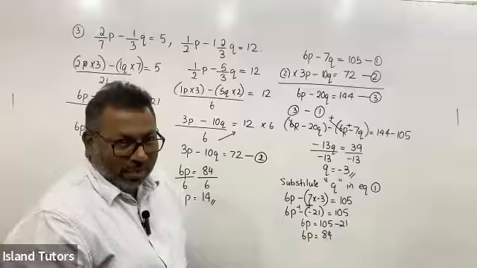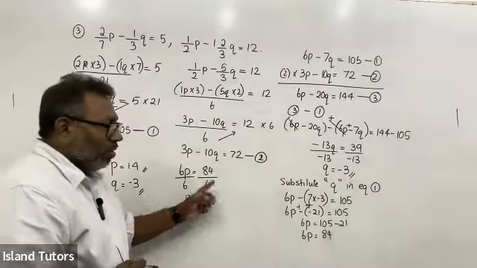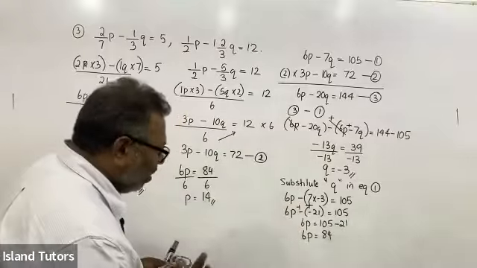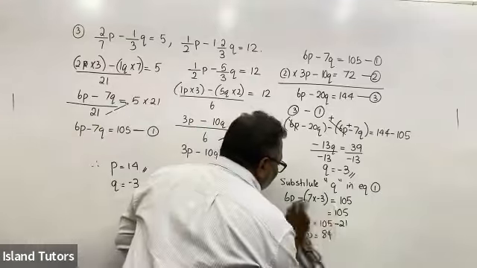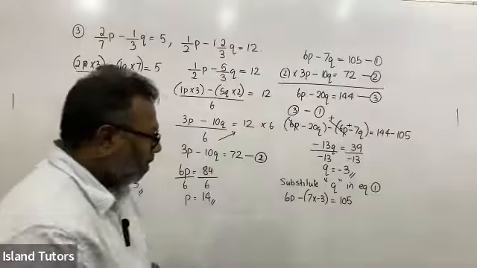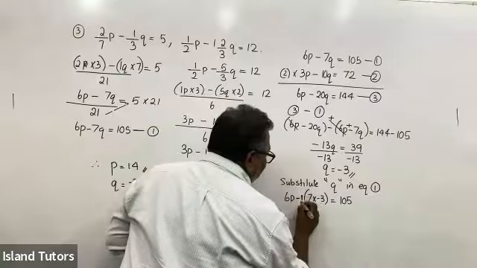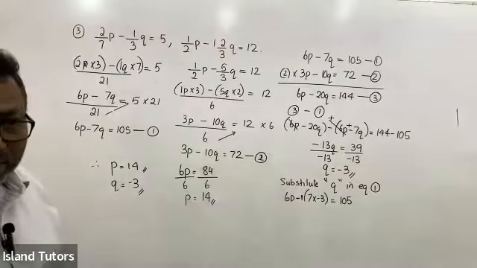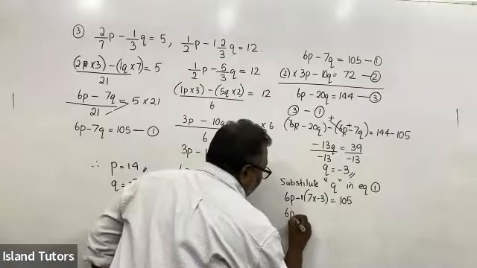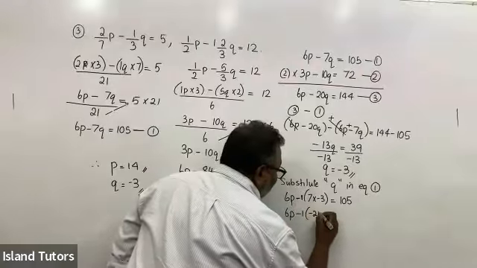Okay. Right. So be very careful with this. I'll show it to you like this. When you put a minus here, always take this as minus 1. So this is 6p minus 1 into minus 21.